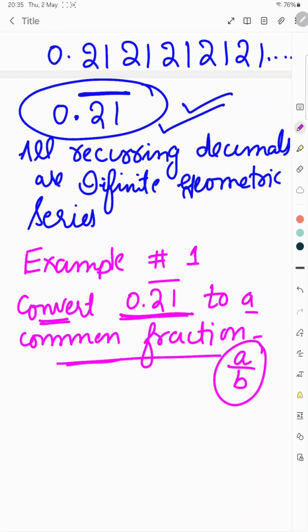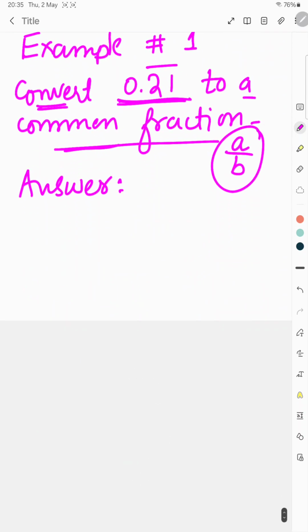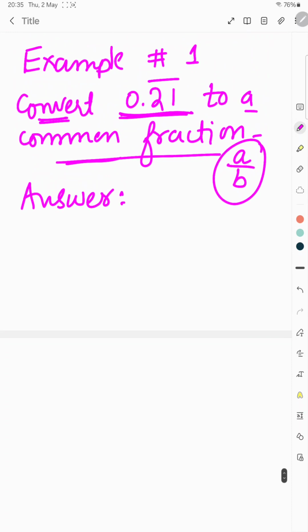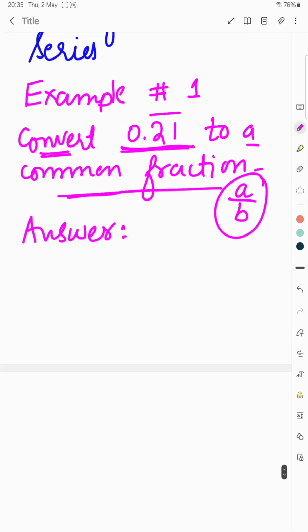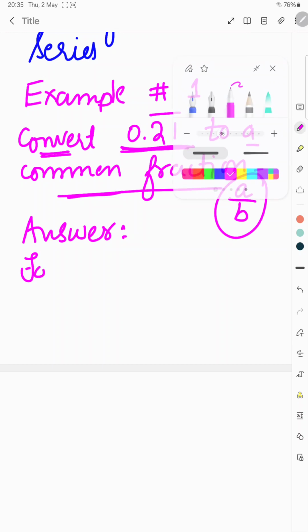So student, I will write the statement for you so it becomes clear what I am talking about.